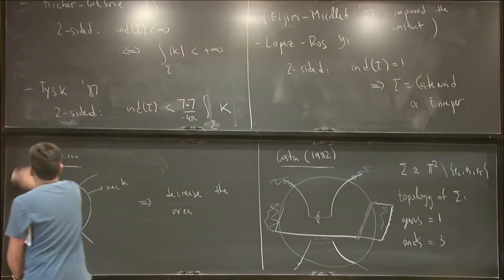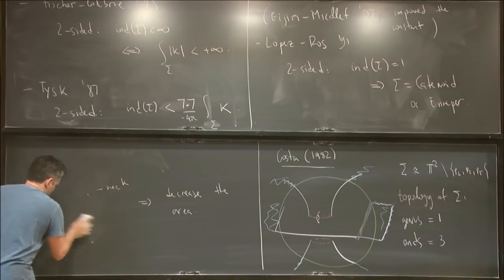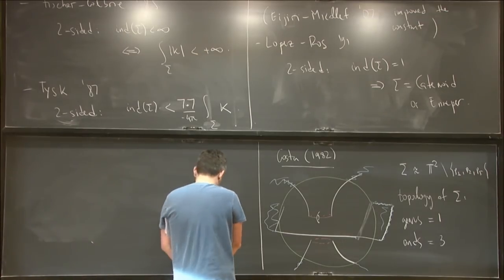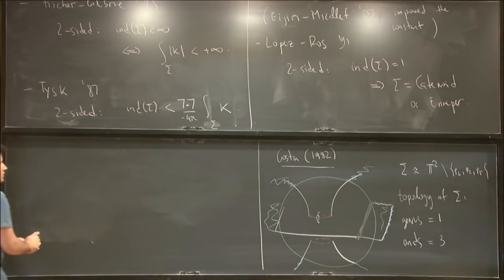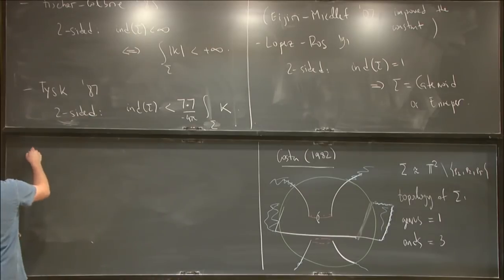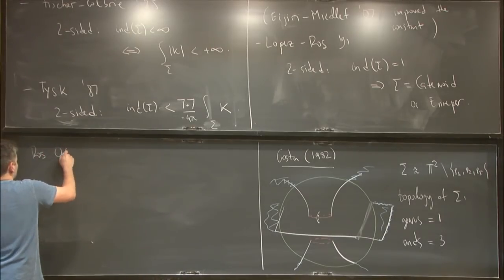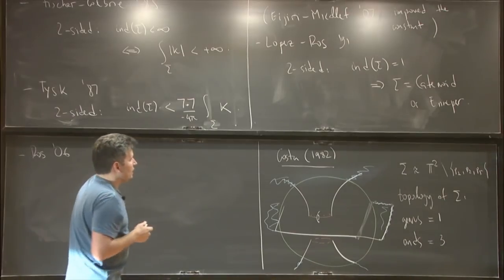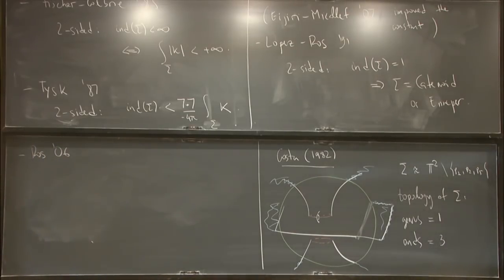Let me then mention the next result. So this brings me to this paper by Antonio Ros, which was really the paper that got us started in the problem. We started reading this paper and had some ideas from it.